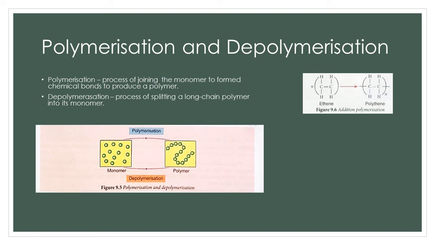So in addition polymerization, this double bond becomes a single bond. Addition polymerization is a polymerization that involves monomers of the same type by breaking a double bond into a single bond. So addition polymerization actually refers to the double bond breaking up into a single bond.